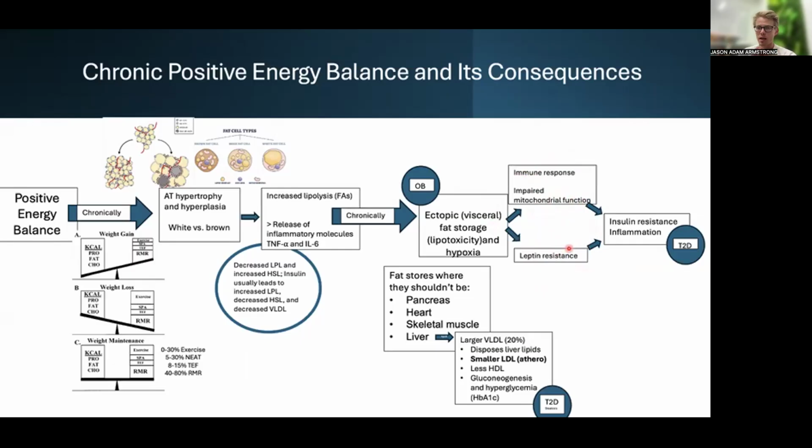So we've got all of these inflammatory molecules, which can contribute to the development of insulin resistance. There's some argument on that, and we'll get into it when we talk about type 2 diabetes. But the idea is that these inflammatory molecules can actually damage receptors on our cells, and that prevents them from responding to insulin appropriately.